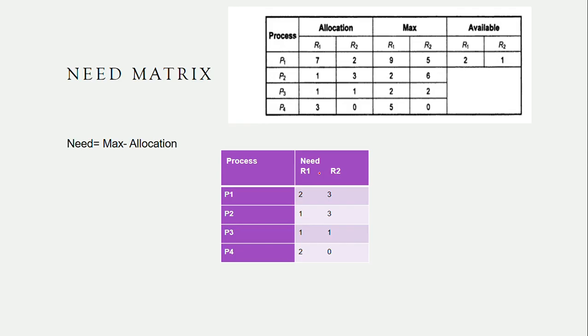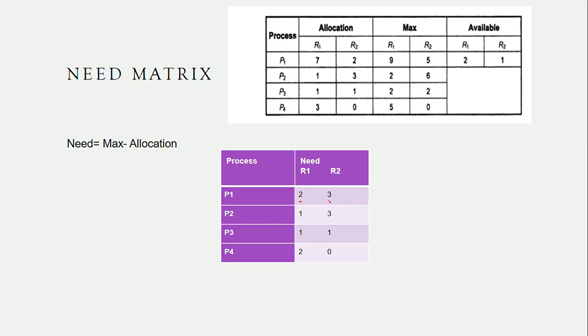So for P1, the max is 9, 5, and the allocation is 7, 2. So 9 minus 7 is 2, and 5 minus 2 is 3. So that is the need of P1.